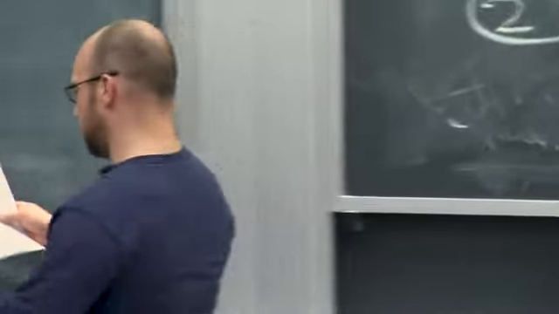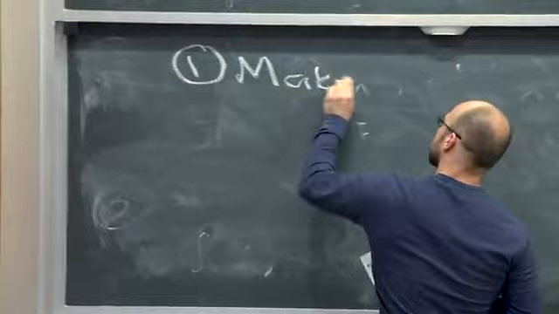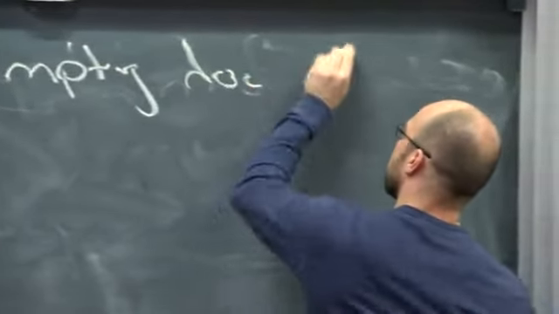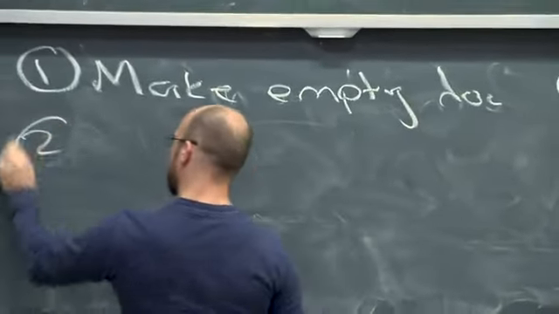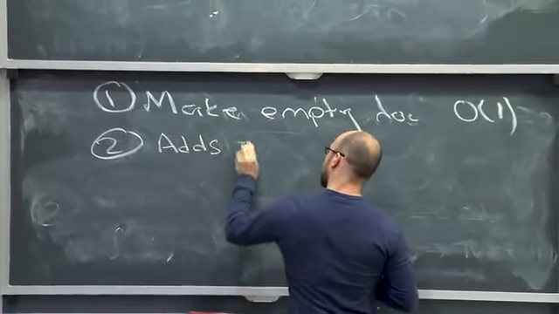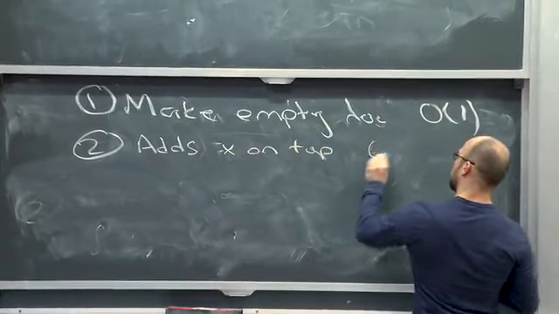Yeah? So again, here are our operations. We got to make an empty document. This is supposed to take order 1 time. We're going to import, which adds an x on top, and this should take order n time.